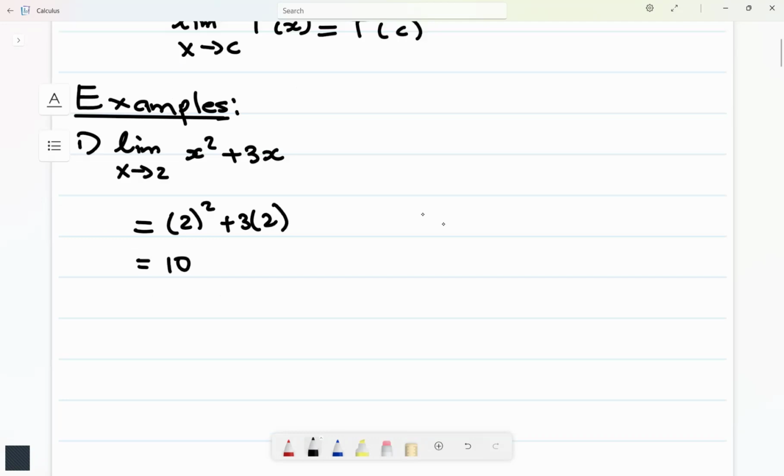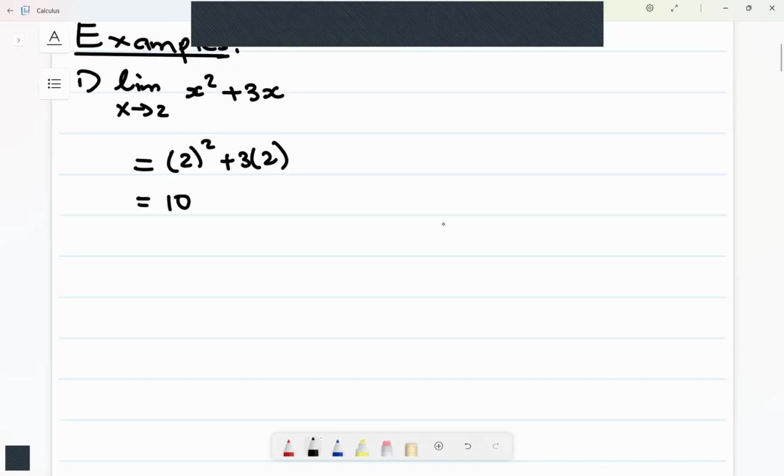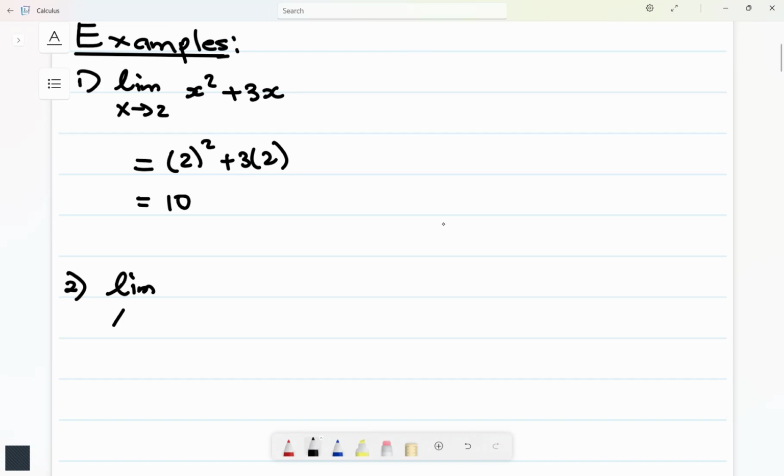Now, let's have another one. Limit as x approaches 1 of x minus 2 divided by x plus 2. Okay. So how can I do this?